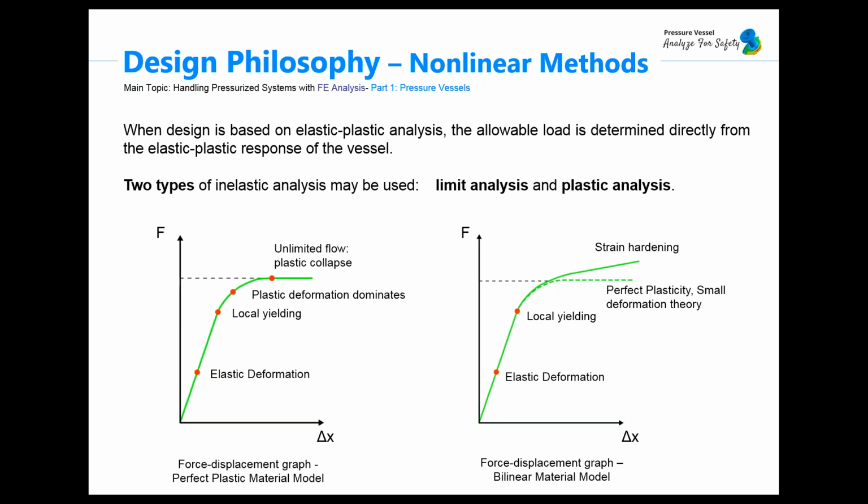Limit analysis assumes an ideal elastic, perfectly plastic material model and small deformation theory. When perfect plasticity and small deformation theory are assumed, the load carrying capacity of the structure is limited by equilibrium considerations, and a plot of applied load against resulting deformation for limit analysis is shown to the left.